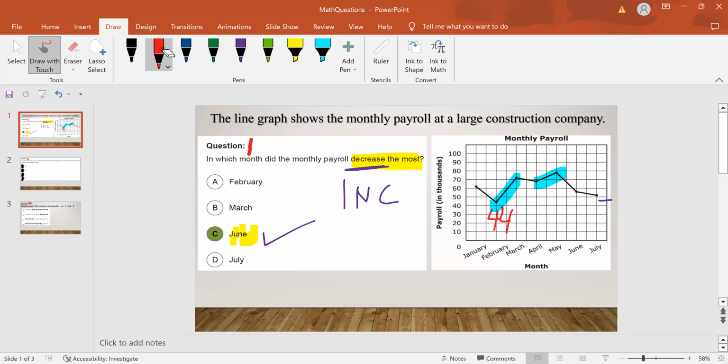So if I assume that for February we have 44, and that goes up to March, and for March I said before something like 72. First of all, what is the difference from 44 up to 72? The difference there is 28. Let's write it here, somewhere here. The difference is 28.